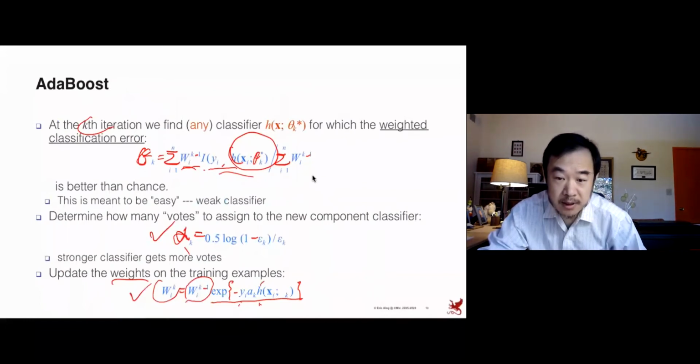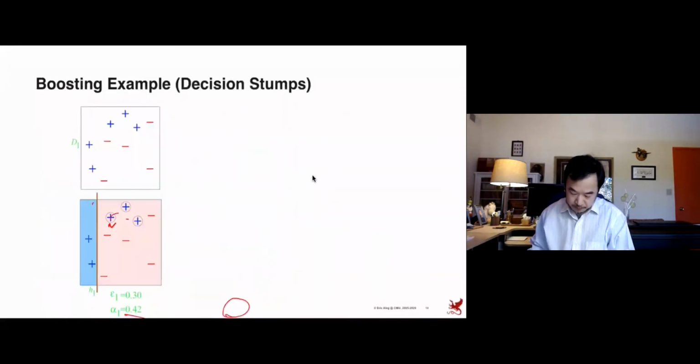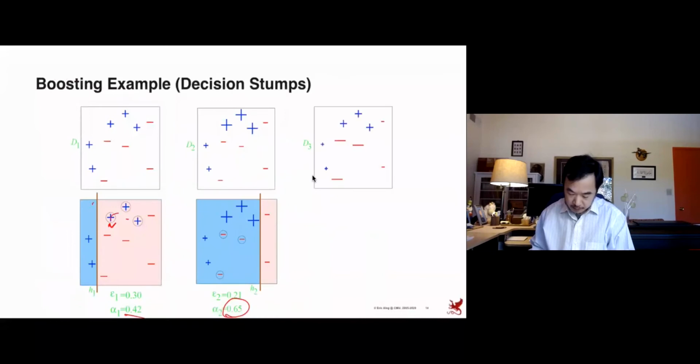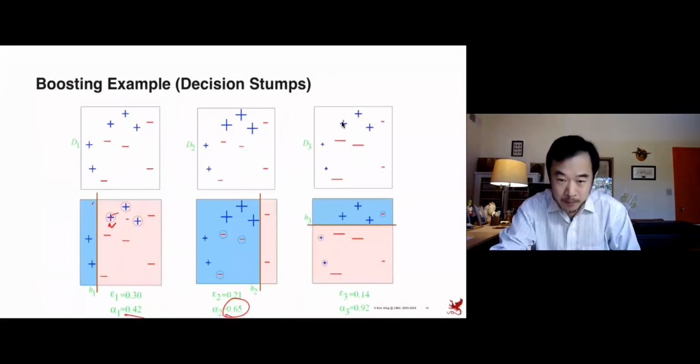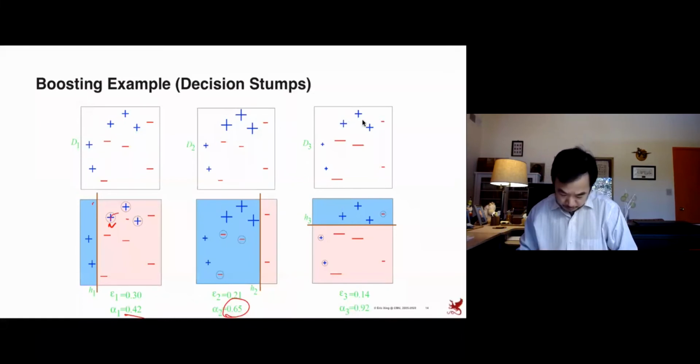Since the third learner was the highest weighted, shouldn't it get to the classifier? Let me see. I'm going to read out the question. The question says that since the third learner was the highest weighted, shouldn't it go to classify the right corner blue?